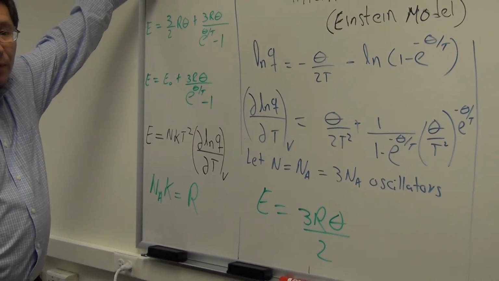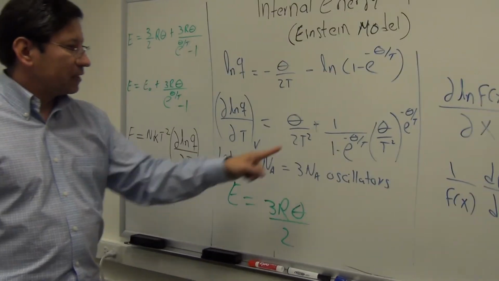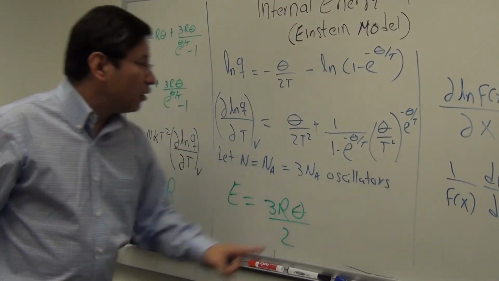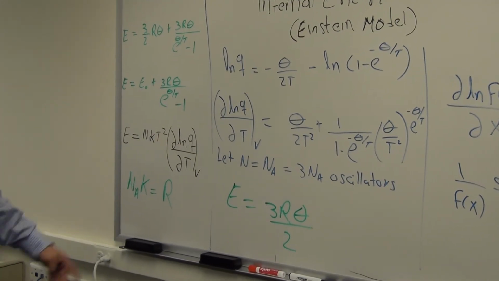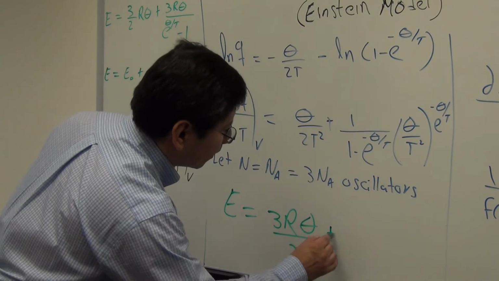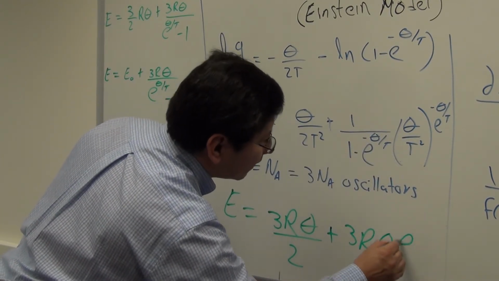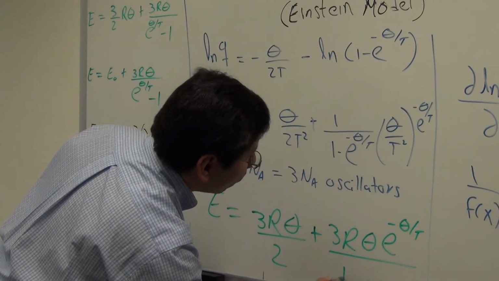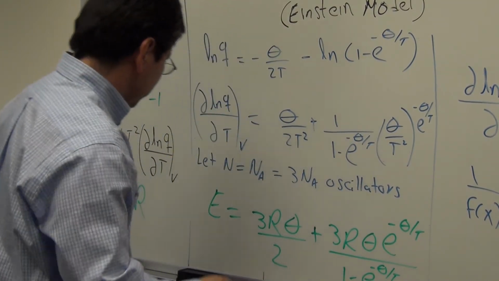We already have the first term. Very good. So we just move to the next one. Again, you have t squared in the denominator, you will have a t squared in the numerator, so it's gone. And then you have 3R, so it's going to be plus 3R, and then the theta is there, e to the minus theta over t over 1 minus e to the minus theta over t.